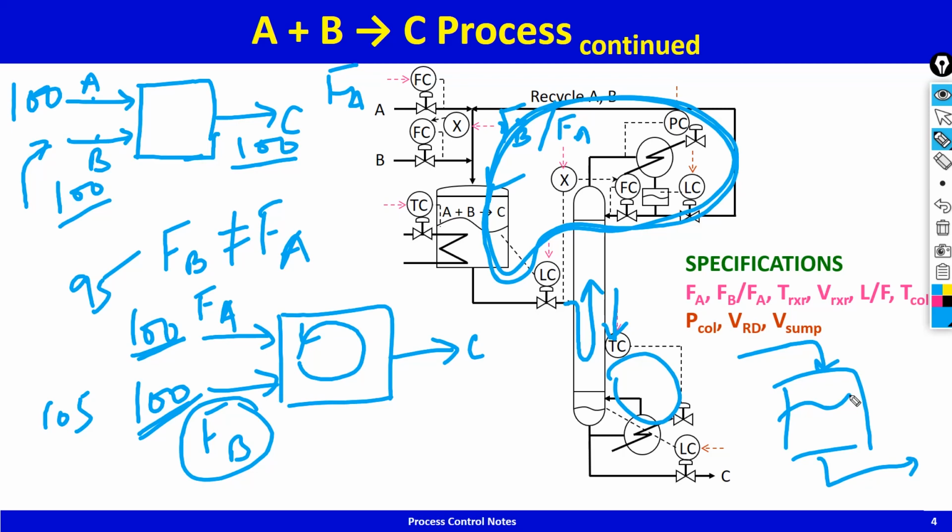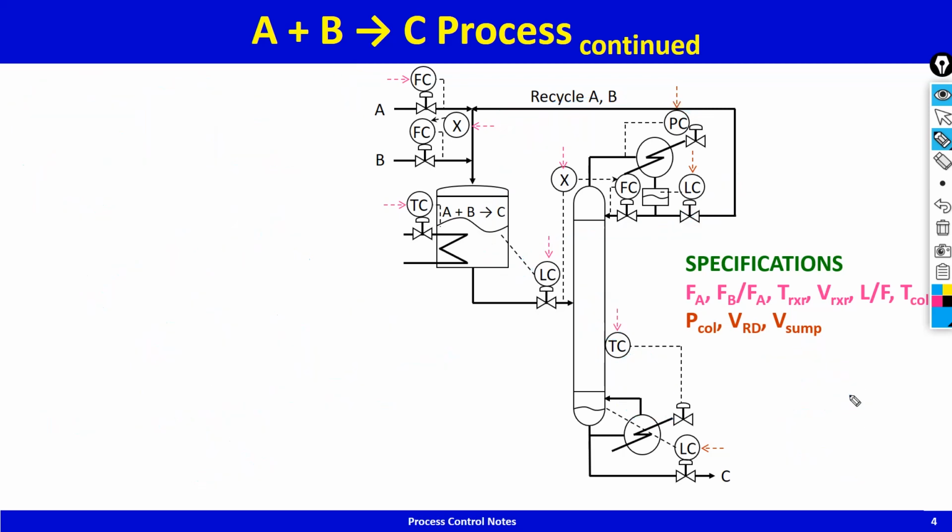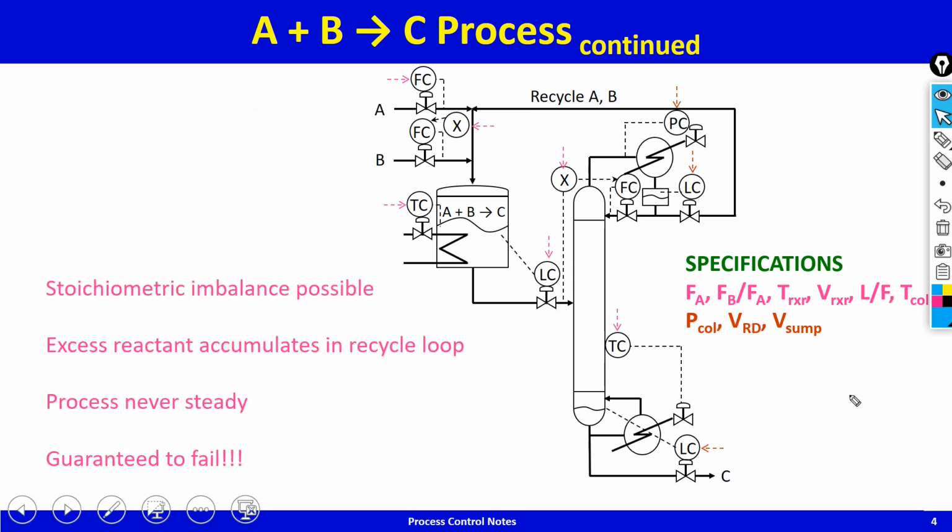And this control system, the way it is drawn, is not honoring it, and therefore with this control system there is a possibility of stoichiometric imbalance. In fact, stoichiometric imbalance will always be there. So the excess reactant will accumulate in the recycle loop. Therefore the process will never be steady. There will be a drift in the recycle rate of the excess component, and therefore this control structure as shown there is guaranteed to fail.